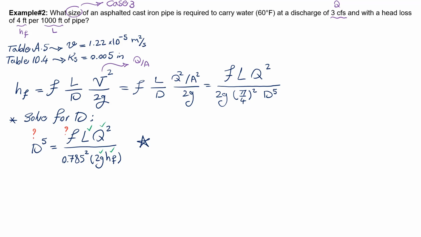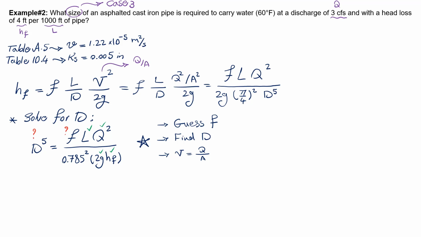What we need to do is first guess an F. And then once we have F, we can find diameter. Once you have diameter, you can use the flow equation, Q divided by A, to find velocity.